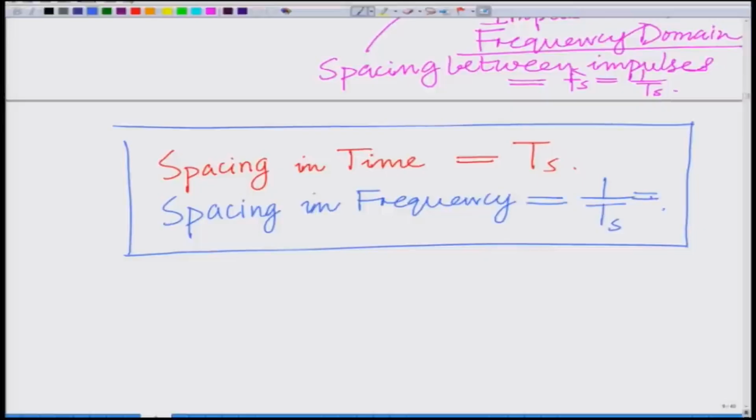Conversely, as the sampling interval T s decreases, you are sampling at finer and finer intervals, which means the sampling frequency F s is increasing, so the spacing in frequency increases.